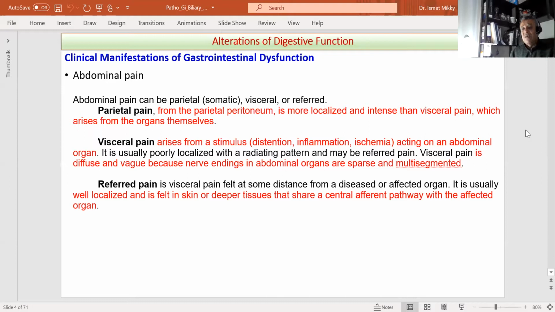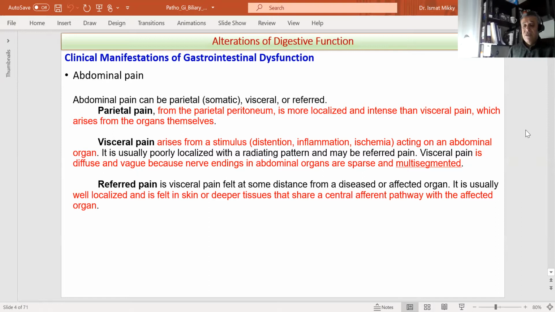Abdominal pain is a symptom of a large number of GI tract disorders, and there are three different types: parietal pain, visceral pain, or referred pain. The first one is parietal pain, which is from the parietal peritoneum.